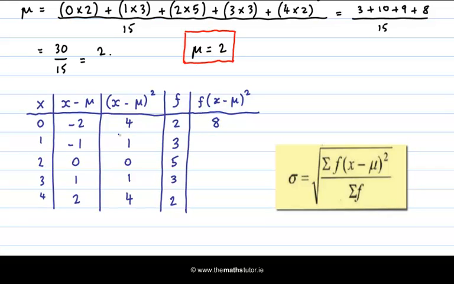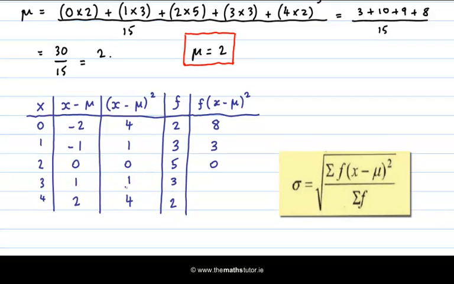So 2 of these squared deviations is 8, 3 of these ones gives us 3, 5 times that is 0, 3 times 1 is 3, and twice 4 is 8. So we need to add up all of these, and we get 8 and 3, 11, and 3 is 14, and 8 is 22. So the sum of all of our squared deviations is 22.